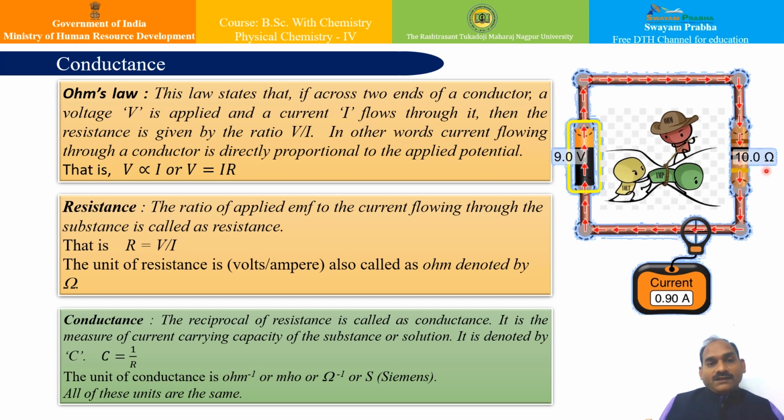Now, if I want to understand the phenomenon of conductance, I need to understand particularly Ohm's law, because it is regarding the conducting ability of the electrolytic solution. The conducting ability of an electrolytic solution provides direct proof of the existence of ions in solution.